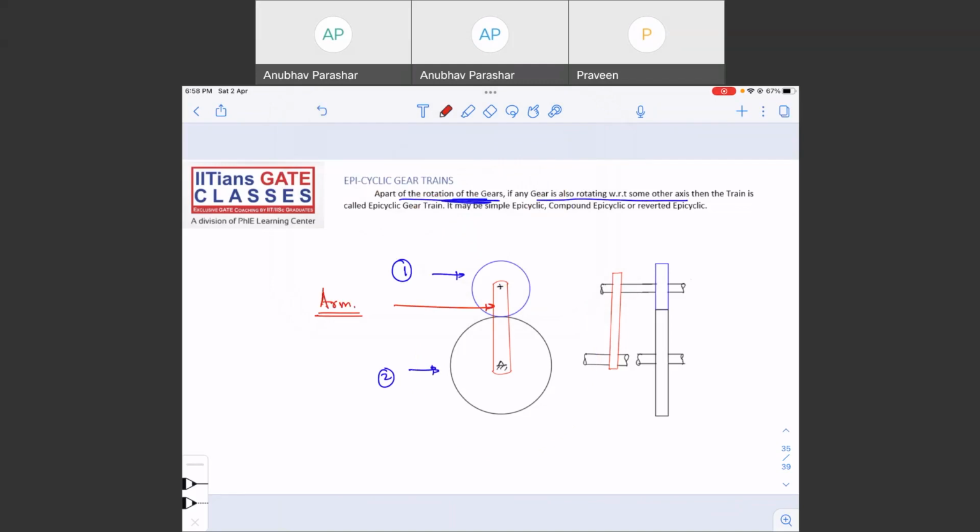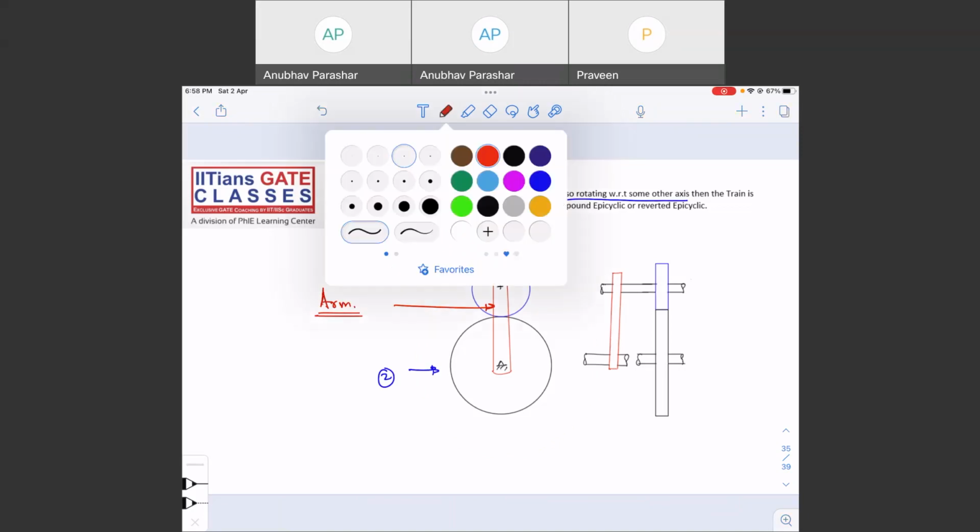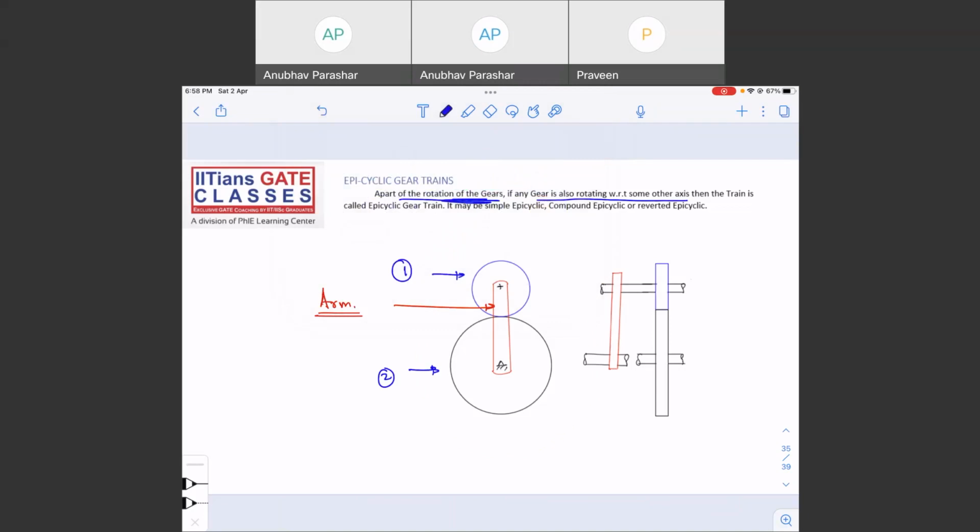All the gears are rotating, and apart from the rotation of the gear, this gear is also rotating around the larger gear.